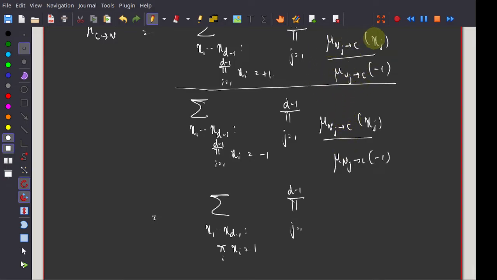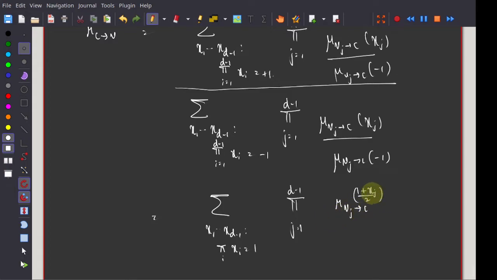So I'll write it in the following way, and you tell me if this is correct or not: R_{Vj to C} to the power (1 plus x_j) by 2. Okay, so x_j is either plus 1 or minus 1.